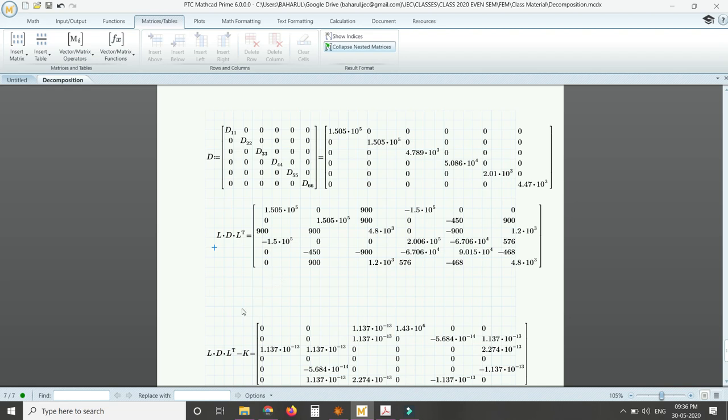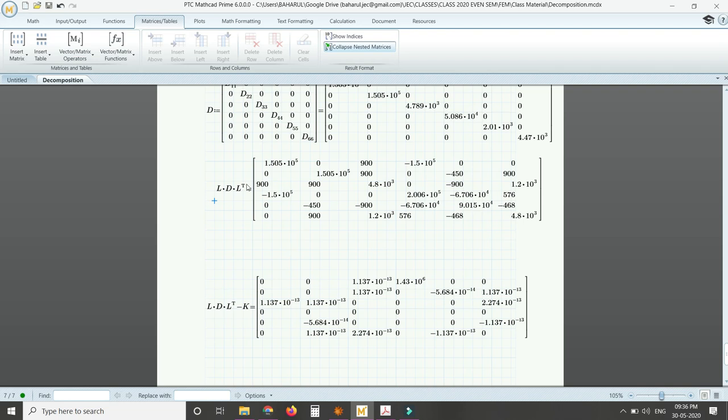So this is the matrix, and this is the same as K. I verified it: if I do the minus K, it becomes 0. These values are very small, so it becomes a 0 matrix. So I can say that K is verified.